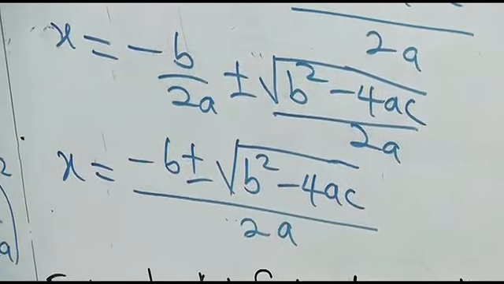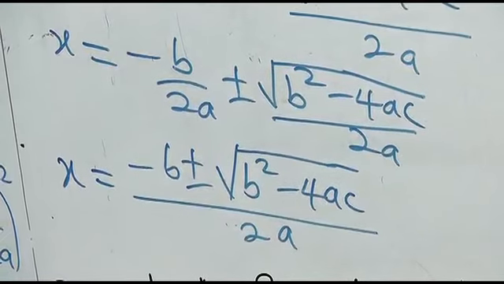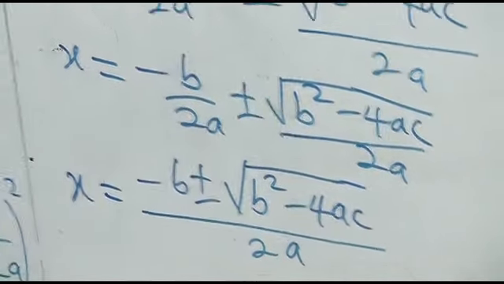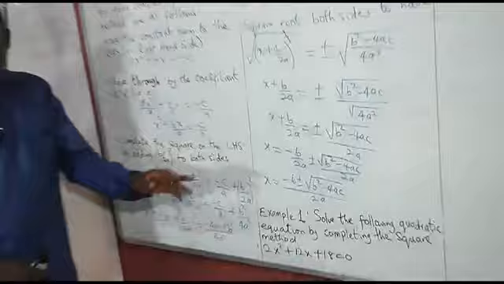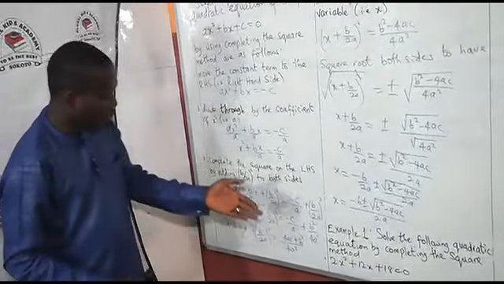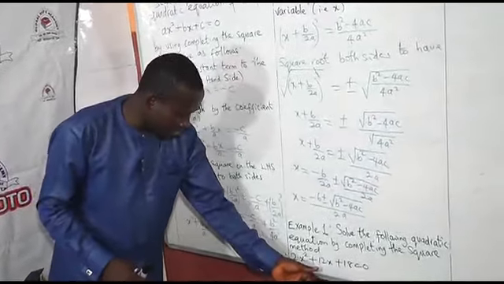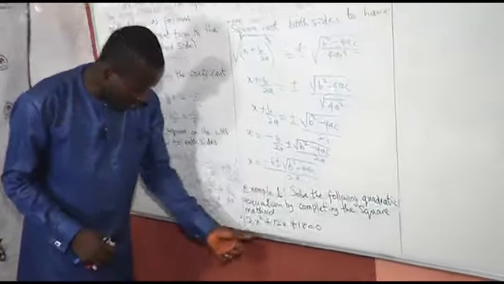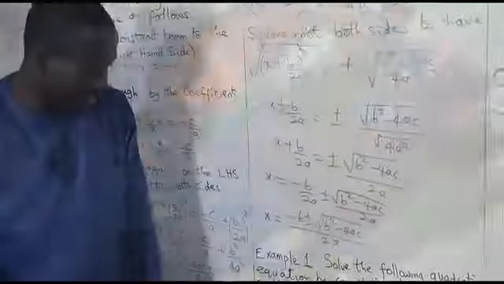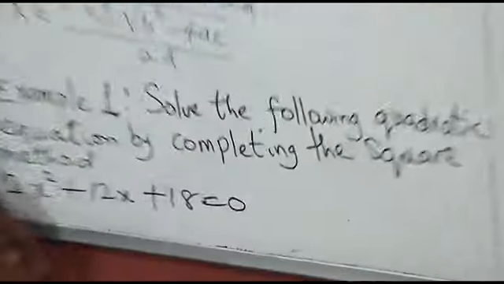Now, we'll solve some examples of quadratic equations with constant coefficients, meaning with coefficients having real numbers as their values, by the completing the square method.